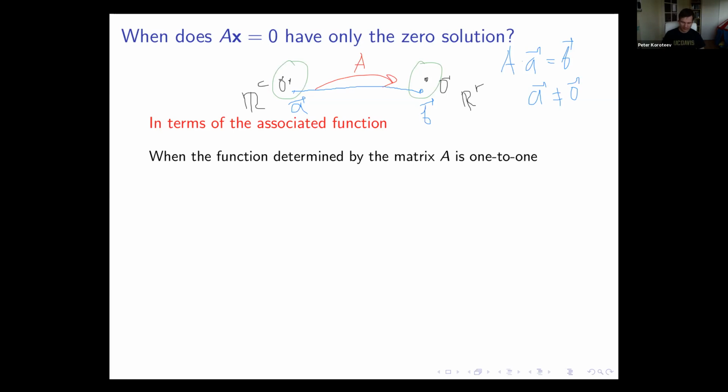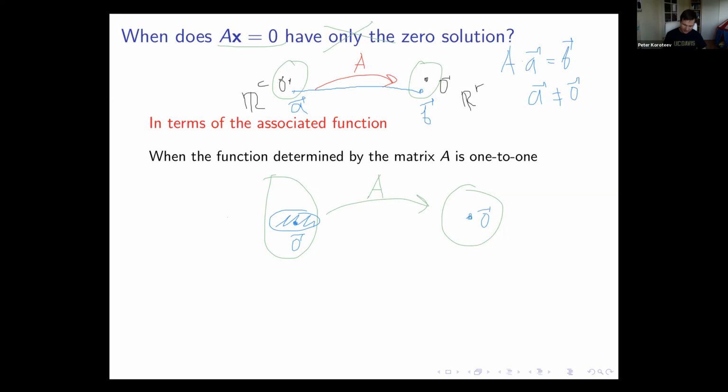Yet another way to say it is the following: if this equation has some solution other than 0, then this is your domain of function A. It will map to the codomain, and there will be some subset here which goes completely to 0. That subset contains 0, of course.